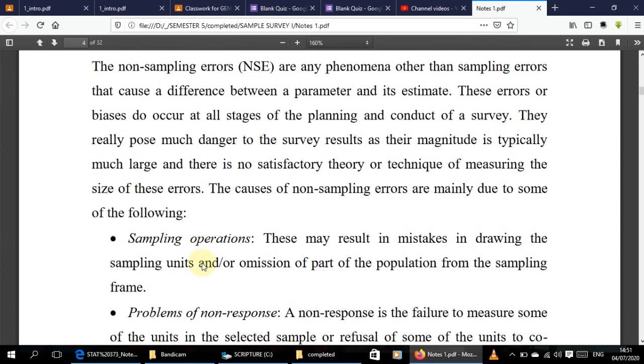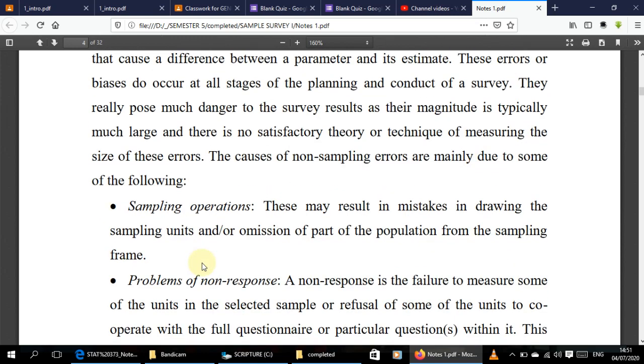Of course, you can't measure the size because some enumerator went somewhere and didn't give you the correct information, and you can't even figure it out, okay. During the coding they made a mistake, people don't respond to the questionnaires, all right. There are so many things that can happen, and you can't quantify the magnitude of such an error, okay.